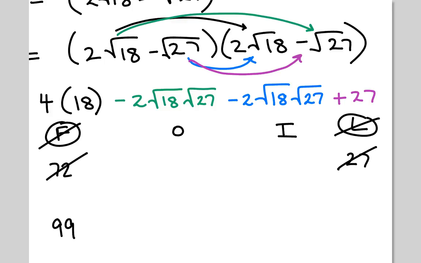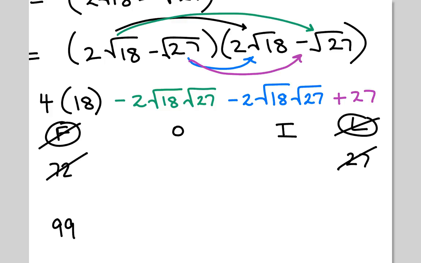Now let's deal with these radicals. Look at my whiteboard. -2x equals what? Negative how much? -4x, right?